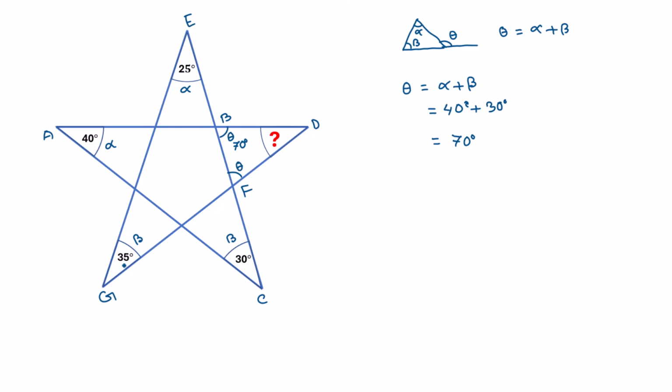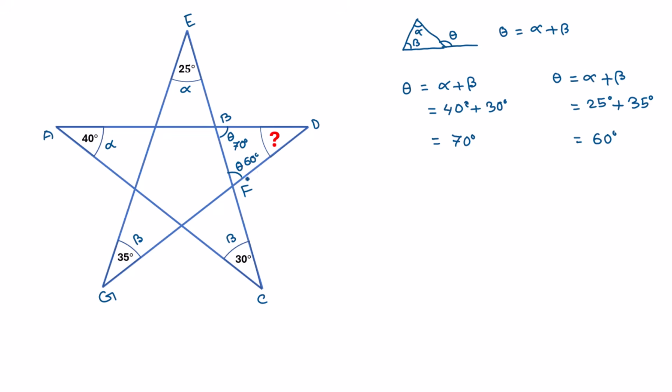So theta is equal to alpha plus beta. Here alpha is 25 degrees and beta is 35 degrees, so 25 degrees plus 35 degrees is 60 degrees. So this angle is 60 degrees.